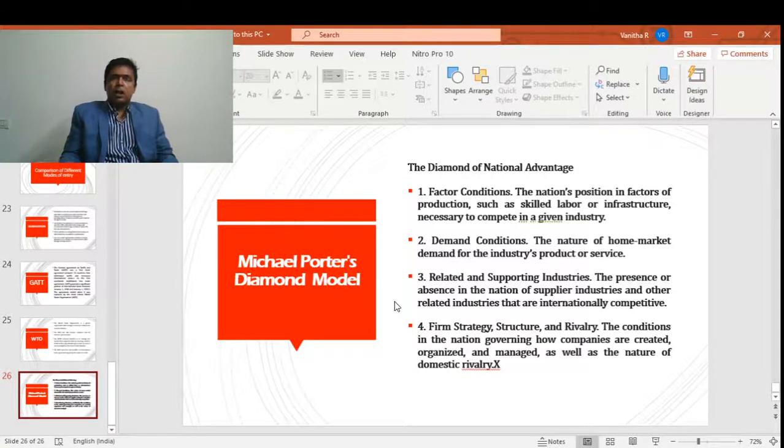Government has given them funds to do research and development. They invest a lot of it. They invest more money into it.